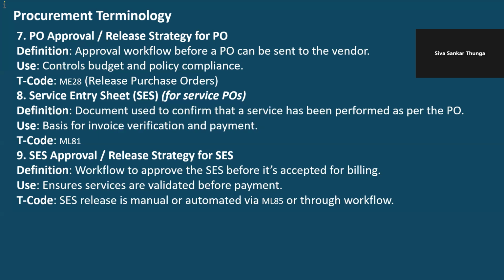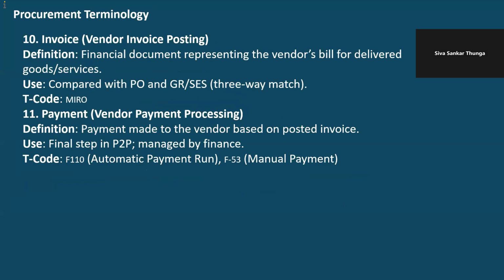Okay, next is the vendor invoice, a financial document representing the vendor's bill. So whenever we receive the work done, the next step is, along with the material or service supply, he will also submit, for that period or for that work that he has performed, the invoice, which contains the quantities that he performed and the equivalent amount to be paid to the vendor.